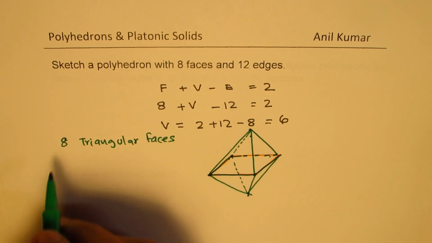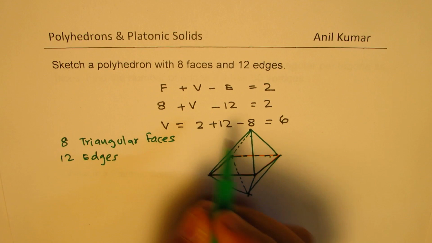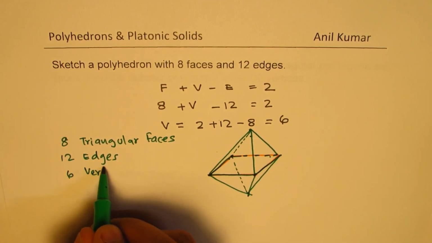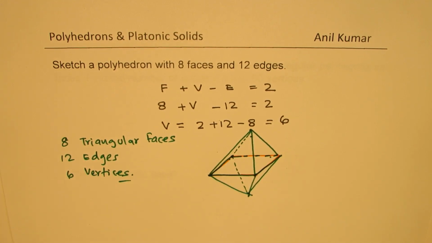So we have 12 edges, and we have 6 vertices. Now we'll learn more about this diagram soon, but for now, that is the shape which is a polyhedron with 8 faces and 12 edges.